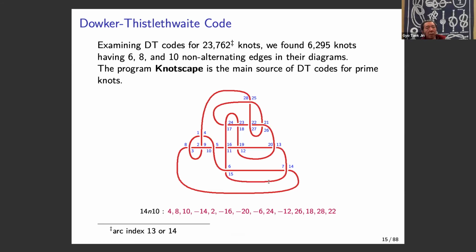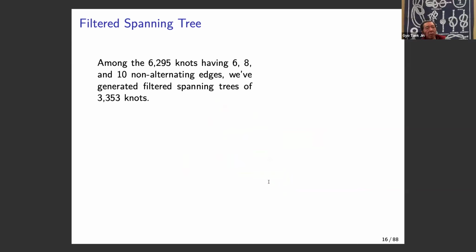So this 14n10 in Netscape has the DT code 4, 8, 10, minus 4, 2, minus 16, and so on. And among the 6,295 knots with more than or equal to 6 non-alternate edges, we've generated spanning trees of 3,353 cases.